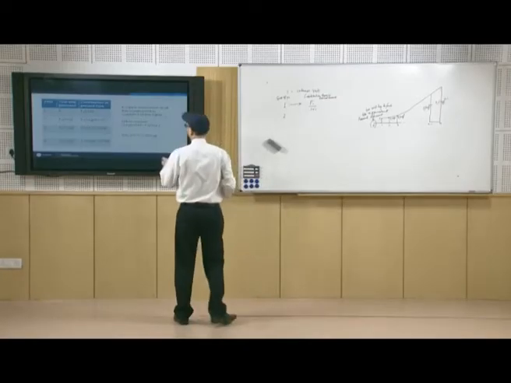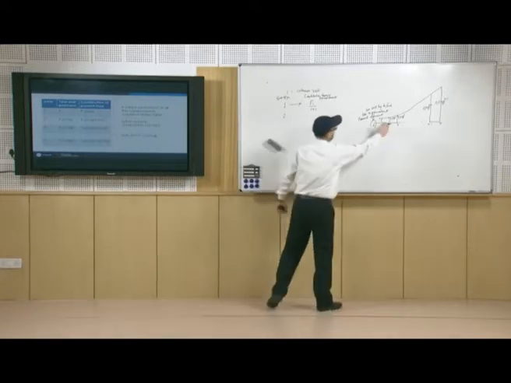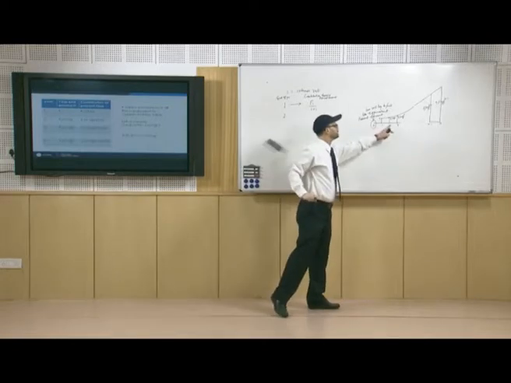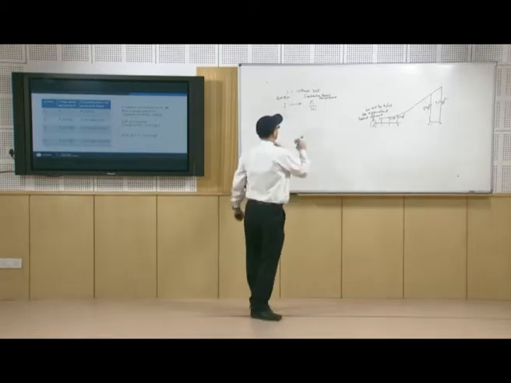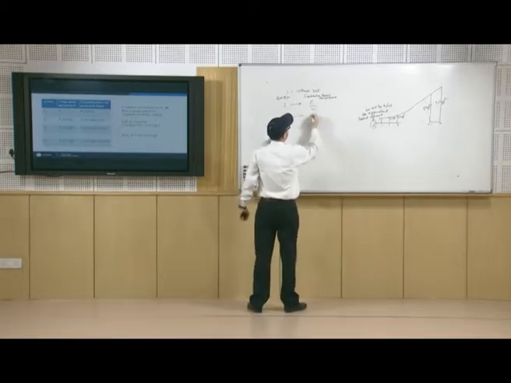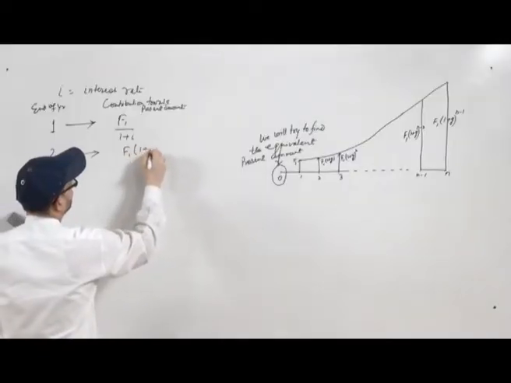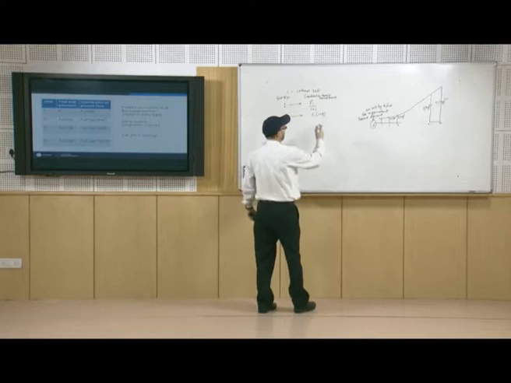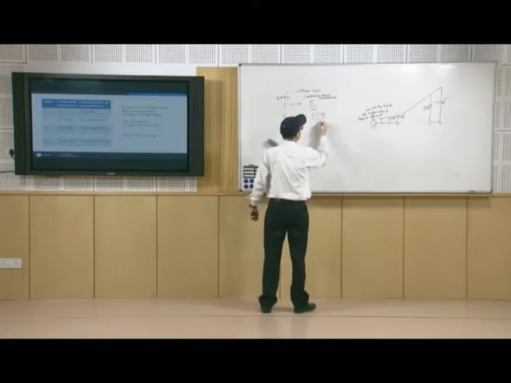So, we have already discussed your payment is F1 into 1 plus G and it is 2 interest periods hence. So, in the second year it will be F1 into 1 plus G, this is the amount paid, but it will be multiplied by P by F, I, n, that is 1 by 1 plus I raised to the power 2.